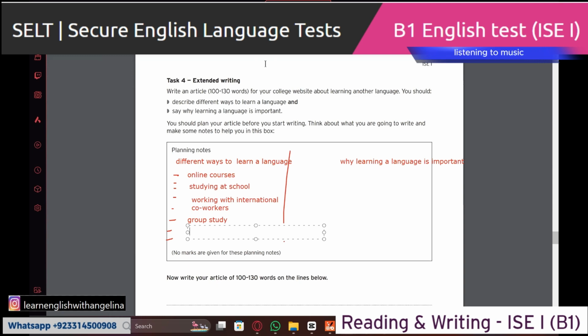Watching films, listening to music. I'm not choosing the most important ones because I want you guys to think. Watching films with subtitles, you know, listening to music, reading books, learning new vocabulary words, using new phrases and new words every day.